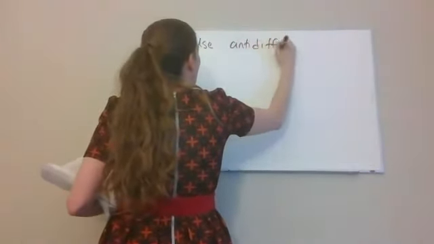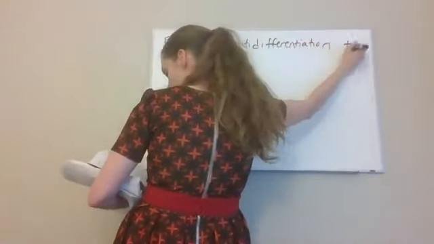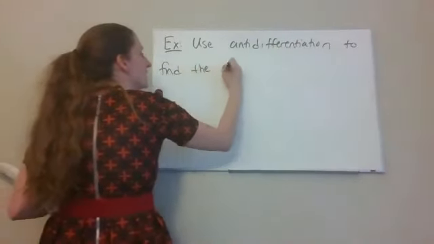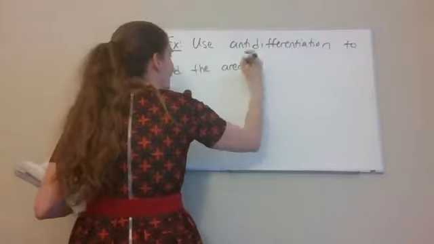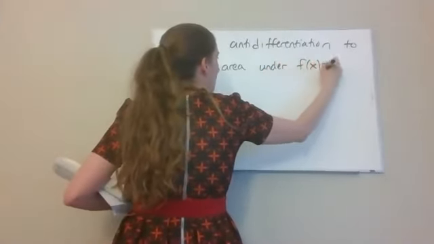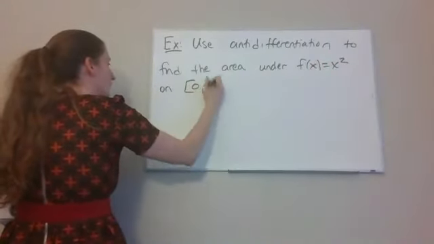So we're going to use antidifferentiation to find the area under f of x equals x squared on the interval 0 to 1.